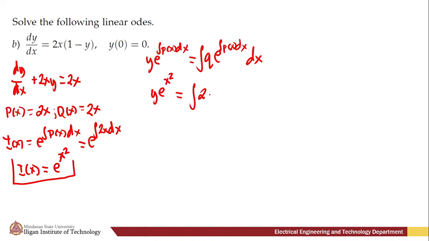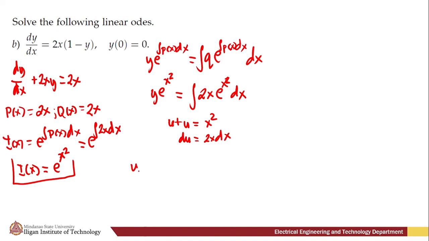So we have 2x times e raised to x squared dx. So for the integral of the right hand side of our equation, if we let u equal x squared, then du is equal to 2x dx.